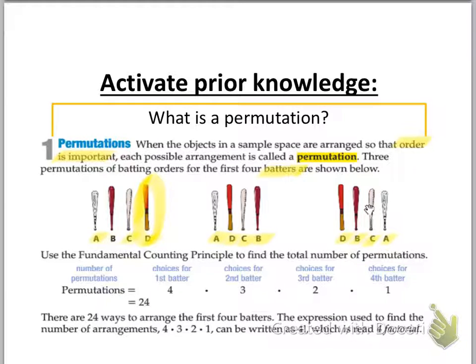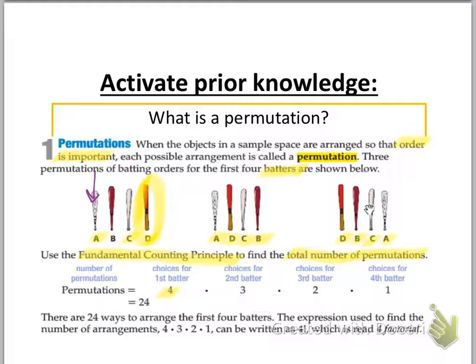So using the fundamental counting principle, we can find the total number of permutations, or the total number of options of order. So the choices for the first batter would be 4. There's 4 different people that we can have in the first position.